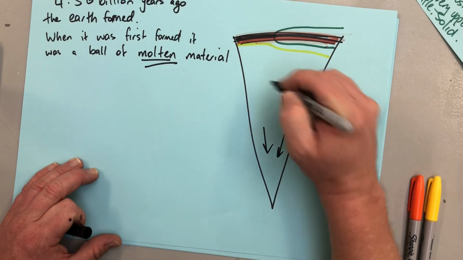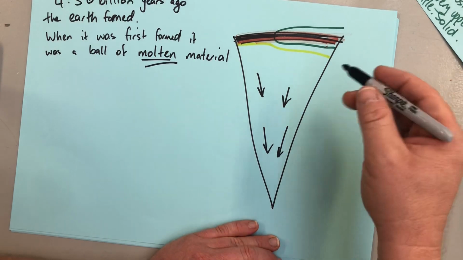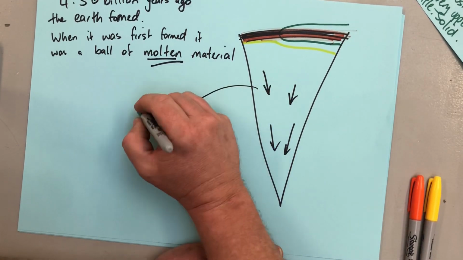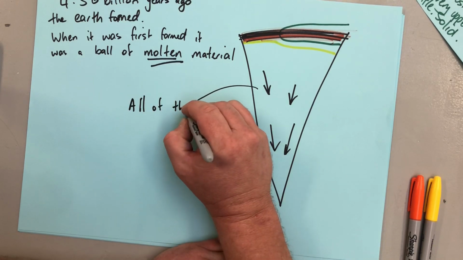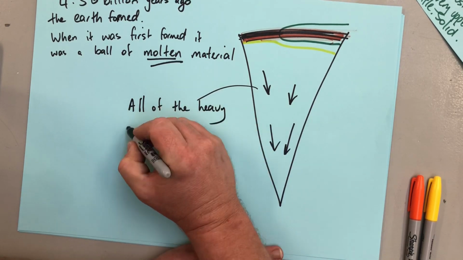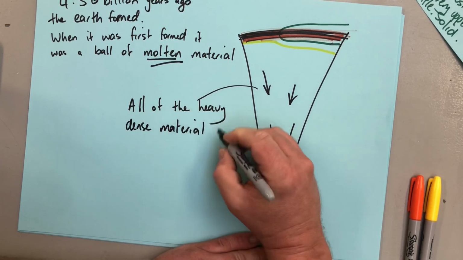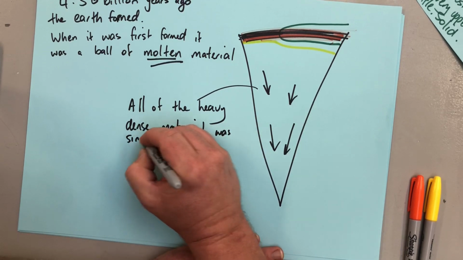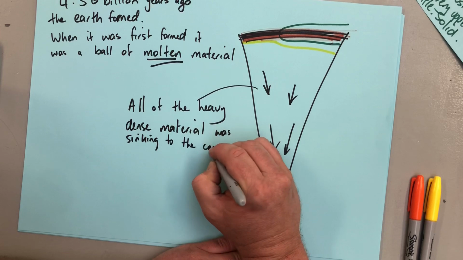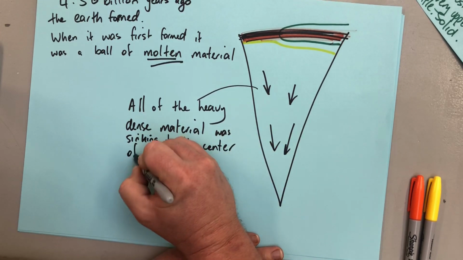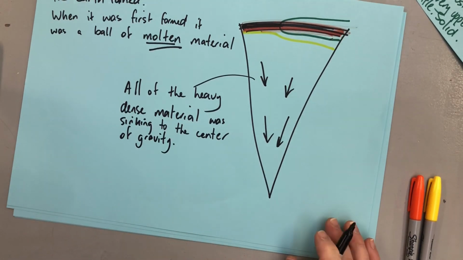Because at the time when the Earth was forming, all of the dense material was sinking to the centre of the Earth. So it was sinking to the centre of gravity.